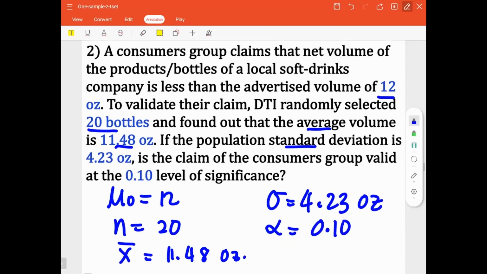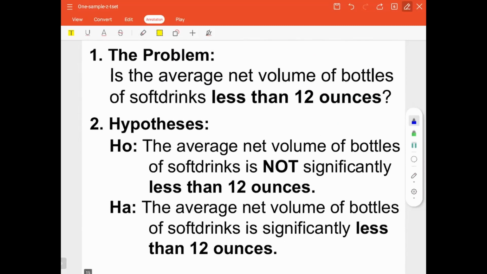Now, let's go through these basic steps of hypothesis testing. Of course, we need to determine the problem. That's the first step there. So the problem here is the average net volume of bottles of soft drinks less than 12 ounces. Now, based on this problem, of course, we are to set the null and the alternative hypothesis.